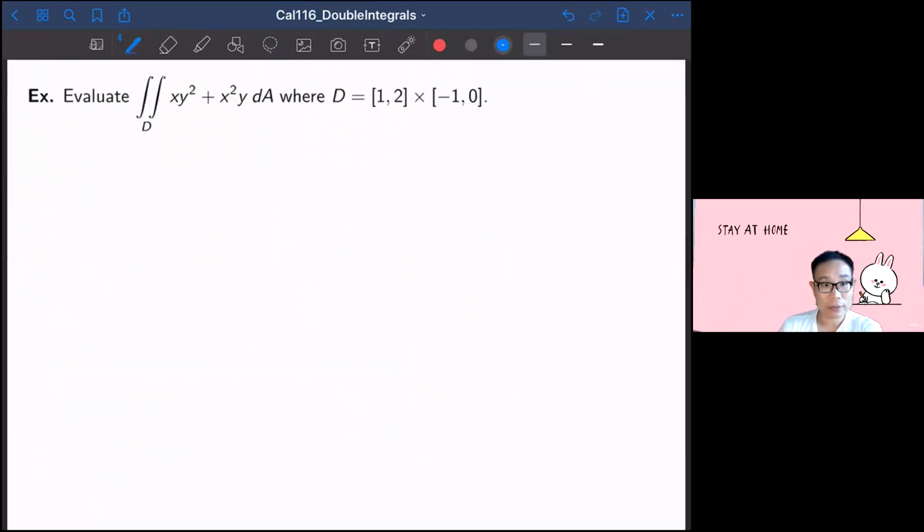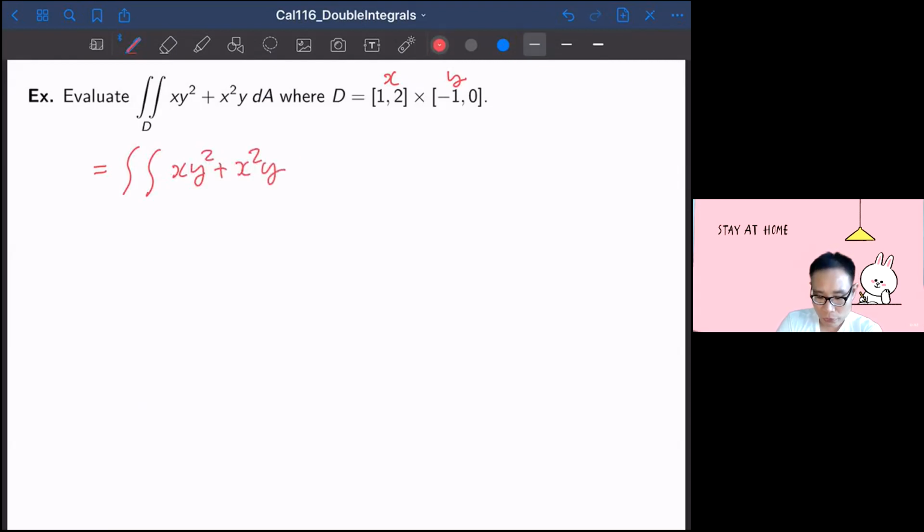For the next one, you have the double integral of xy squared plus x squared y dA, where D equals [1, 2] times [-1, 0]. So this one will be your x and y, and you can convert this. You have xy squared plus x squared y.